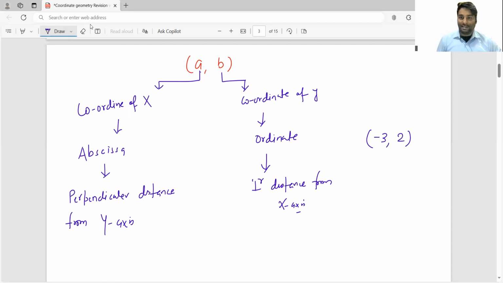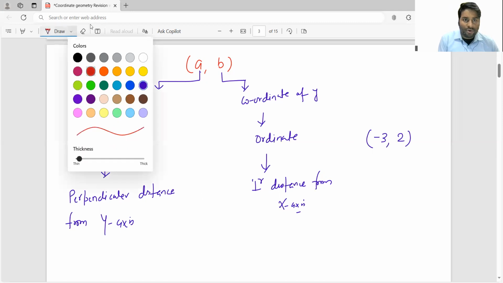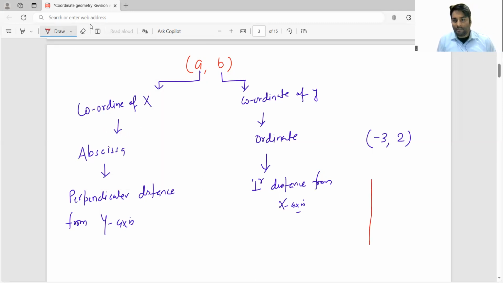We can simply draw it on the coordinate axes. -3 comma 2, that means x is negative, y is positive. So here, -3 and 2, right? Obviously this will be -3 and this point will be 2. Now, what is the abscissa? This one is abscissa, and this is ordinate.